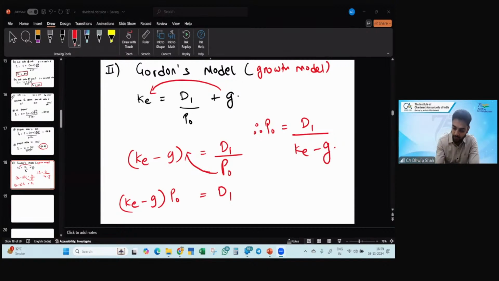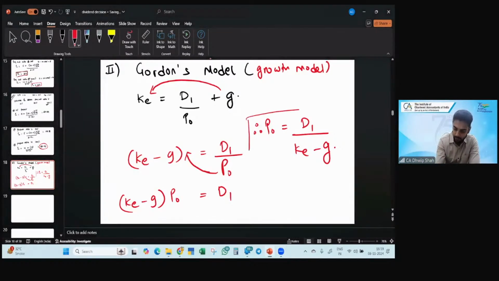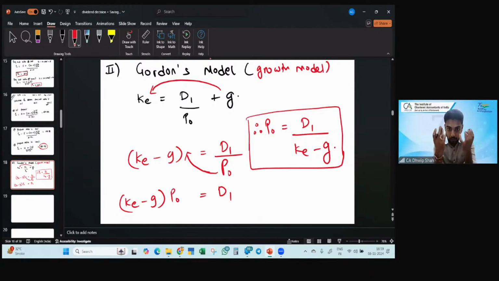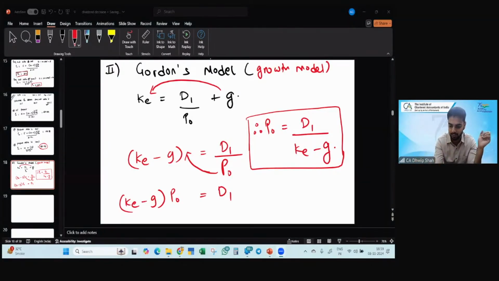And this entire formula is based on the concept of valuation. From where is this formula derived? It is derived from the concept of valuation. You have studied the valuation chapter in great detail at CA Final level. There are n number of valuation models.